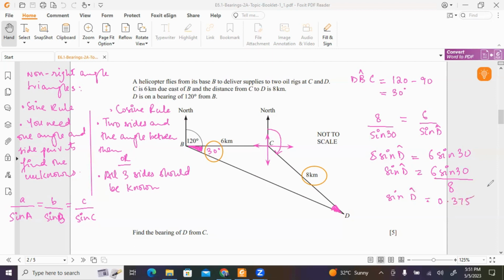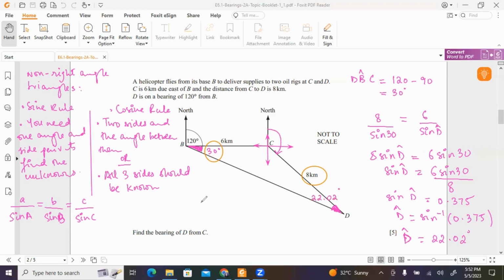So we're going to find the value of the angle by taking sine to the other side and making it sine inverse. So sine inverse of 0.375 will give us 22.02. So 22.02 is this angle here.